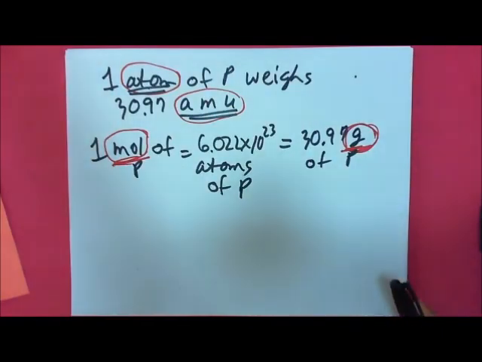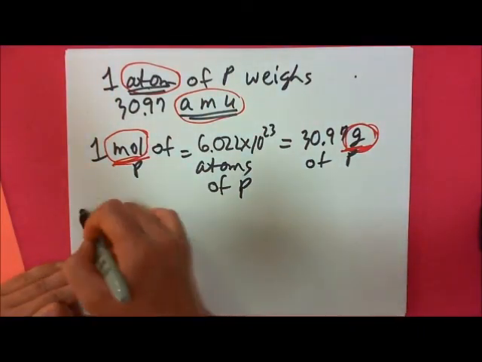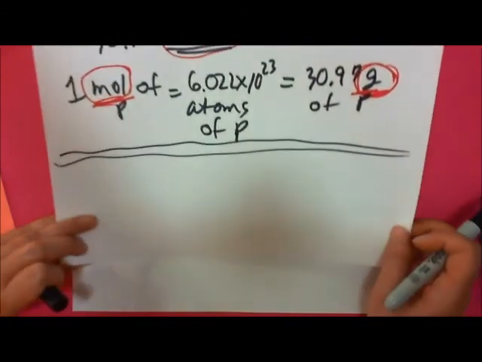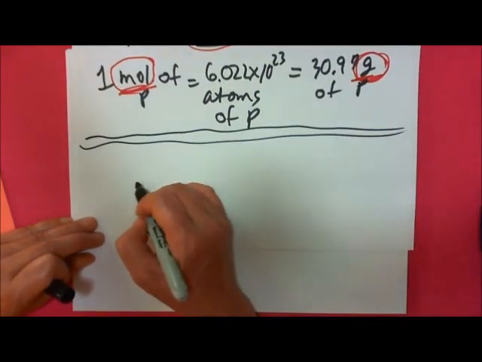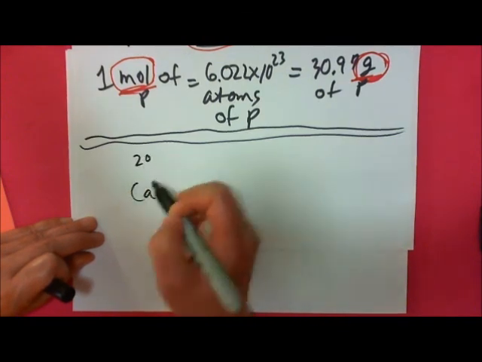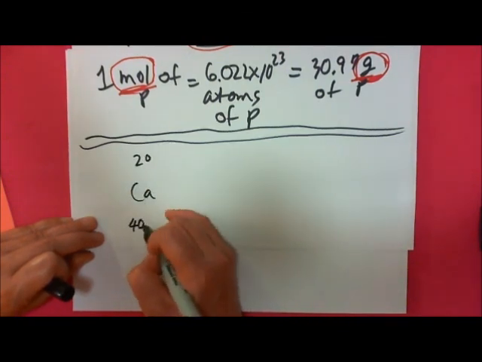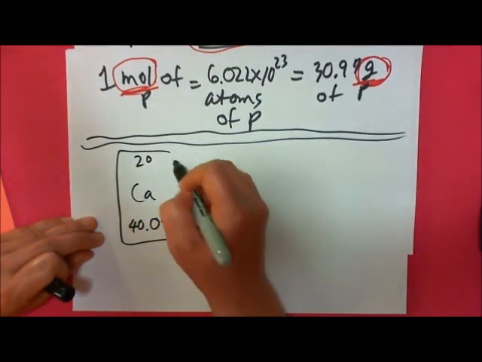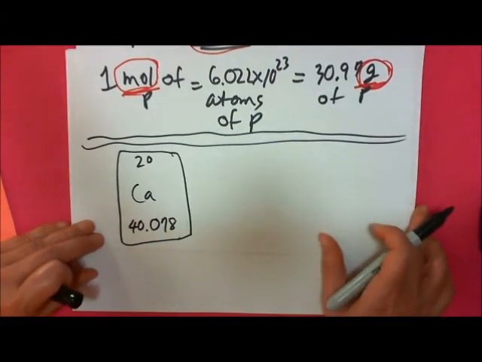Okay, so I'm going to rewrite that over here. My little periodic table box for the element calcium is 20 and 40.078.